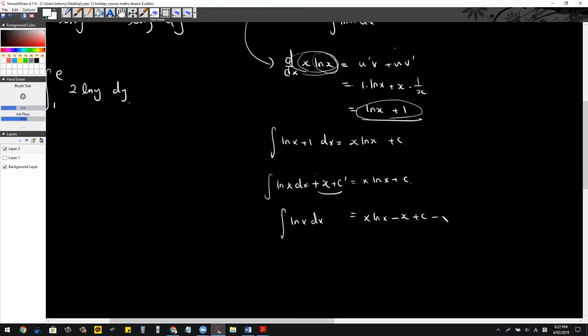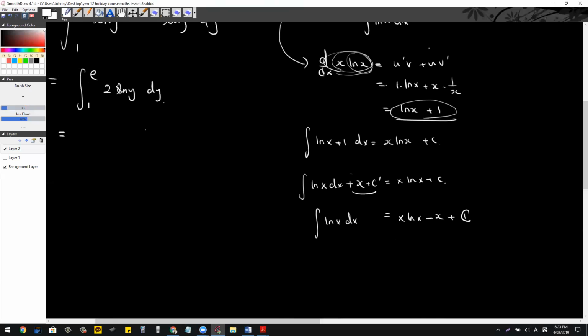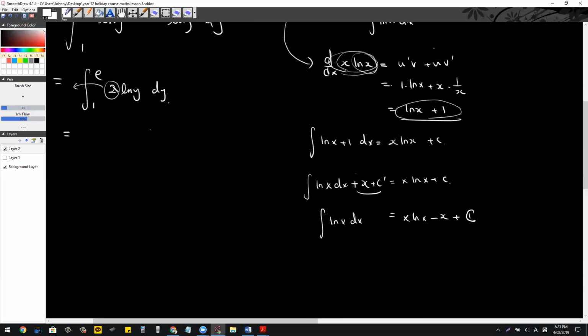And of course, these two constants can just be written as capital C. I'm just wondering if today's lesson is being recorded. Yeah, it is. Okay, so that's what we know. Therefore, we can try something like this. We can put the 2 out, because we know the integration of ln x.